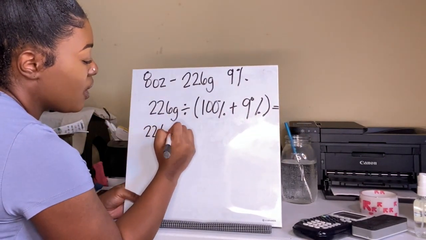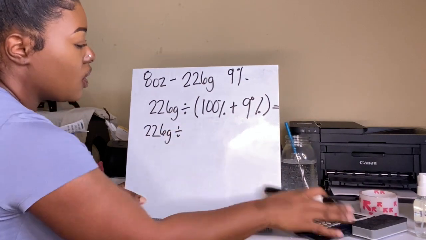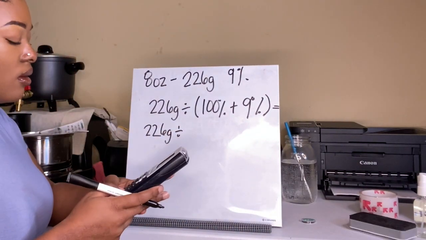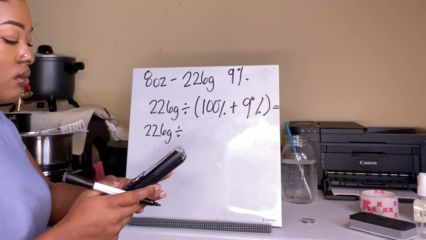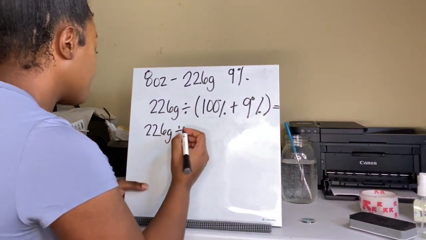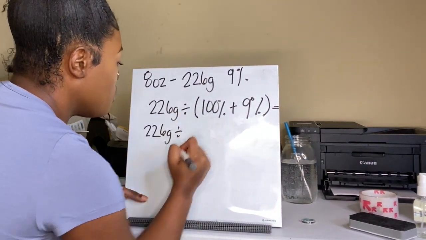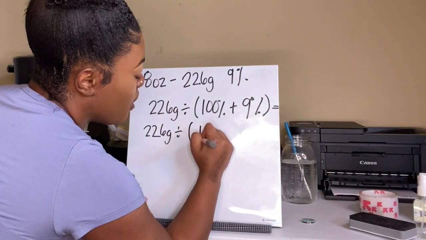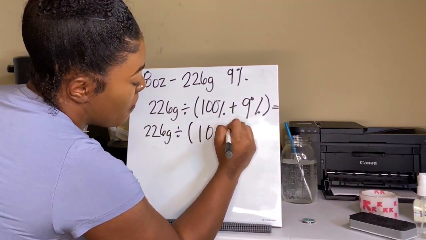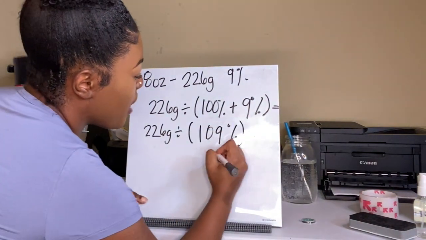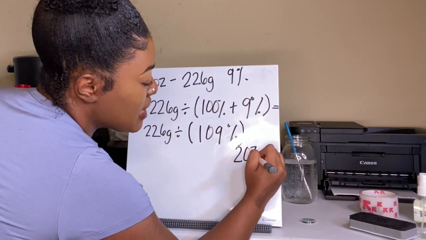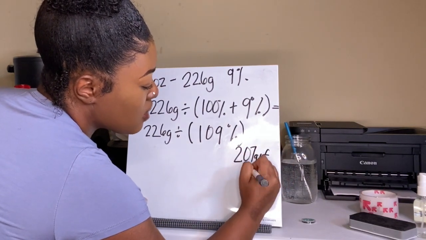And then just bring it on down. All right, so let's see. 207. Okay, so let me go ahead and write it. All right, so that gives us 207 grams of wax.